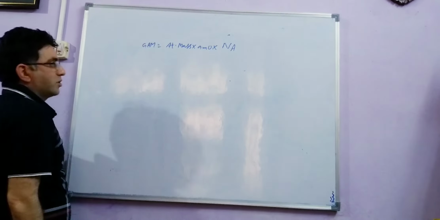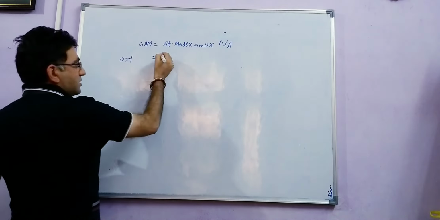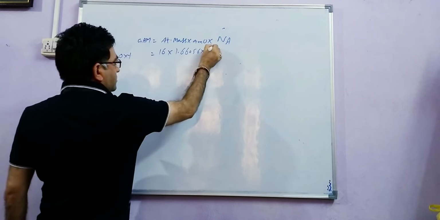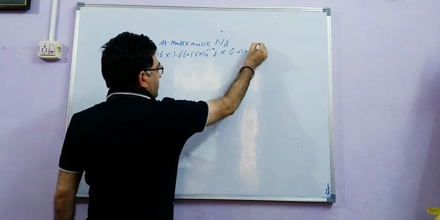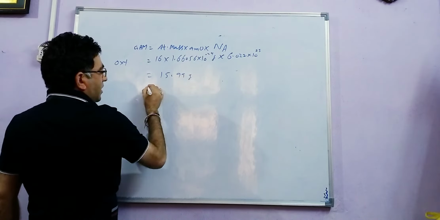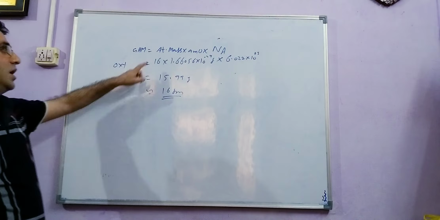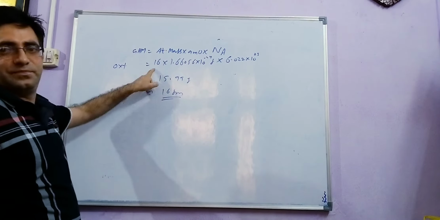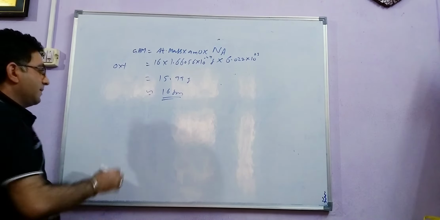For example, in case of oxygen, atomic mass is 16, AMU is 1.66056 into 10 raised to the power minus 24 gram, and Avogadro number we know is 6.022 into 10 raised to the power 23. While solving, we get 15.99 grams, that is approximately equal to 16 grams. Means atomic mass of oxygen and gram atomic mass are the same value.